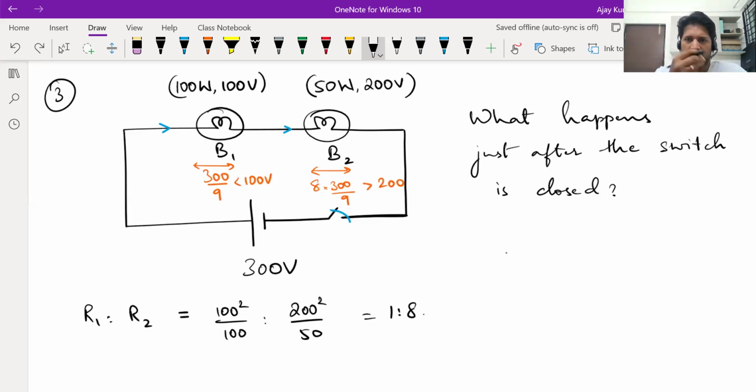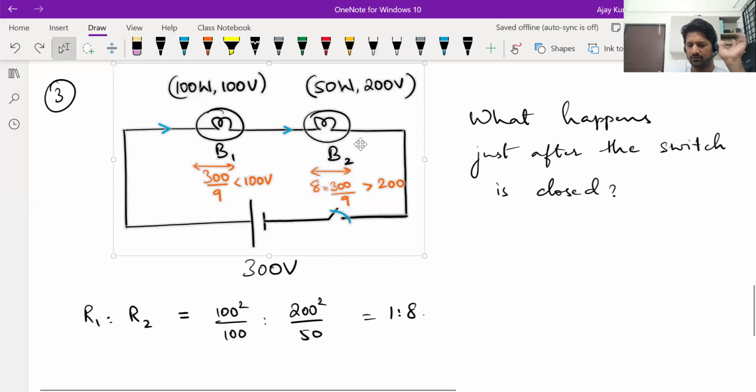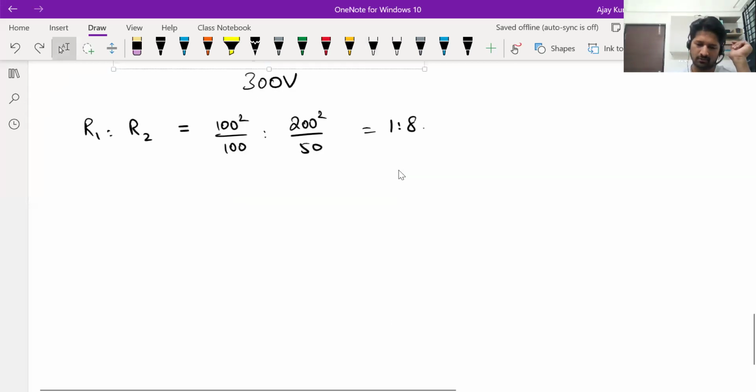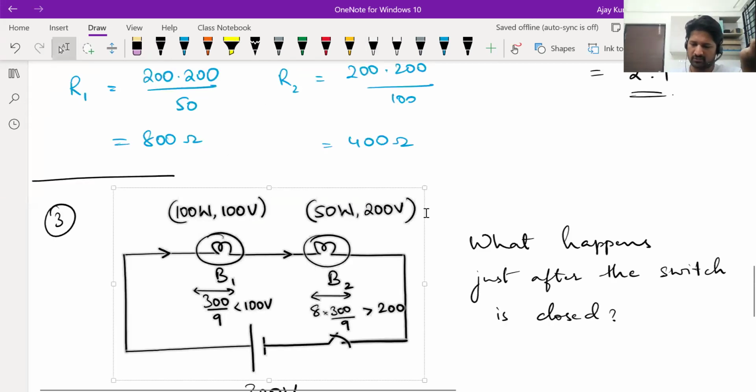The first bulb also may glow for an instant, but then it will get turned off. So 300 volt is not safe for this circuit. It's too much for this circuit.